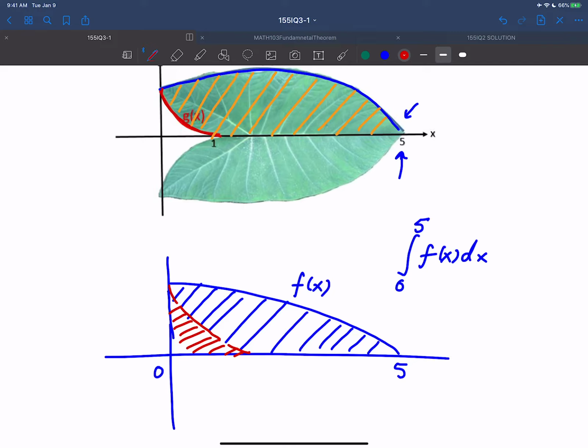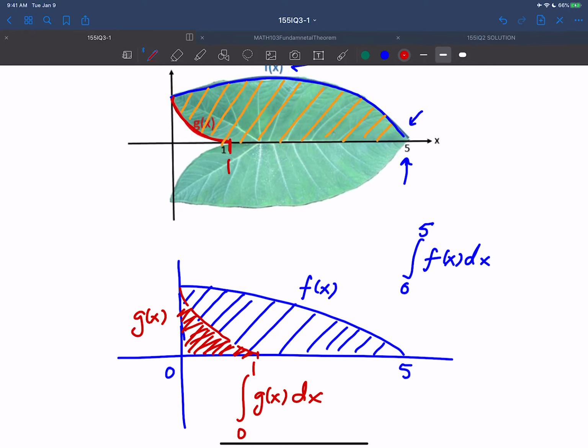This red shaded portion is the integral from 0 to 1, because this point is 1, of this function g of x. So the red portion that you see in the shaded part is the integral 0 to 1 of g x dx.